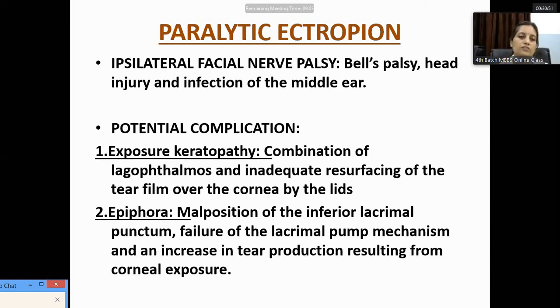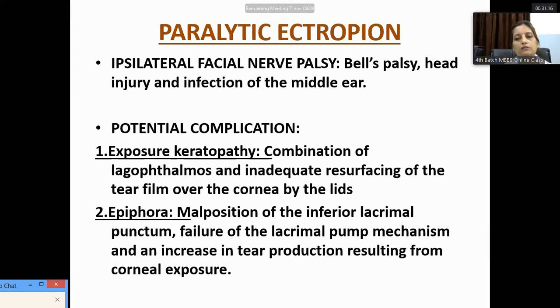It is a combination of lagophthalmos and inadequate resurfacing of the tear film over the cornea by the lid, and epiphora, that is the malposition of the inferior lacrimal punctum, failure of the lacrimal pump mechanism, and an increase in tear production resulting from the corneal exposure.